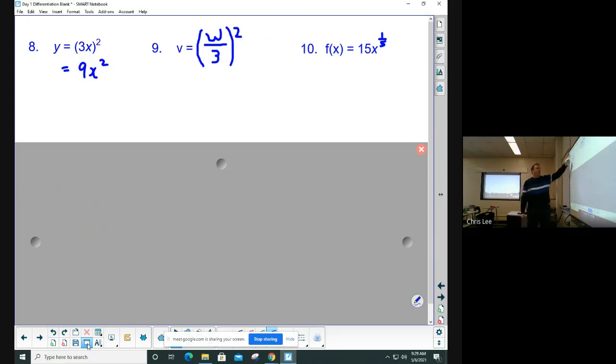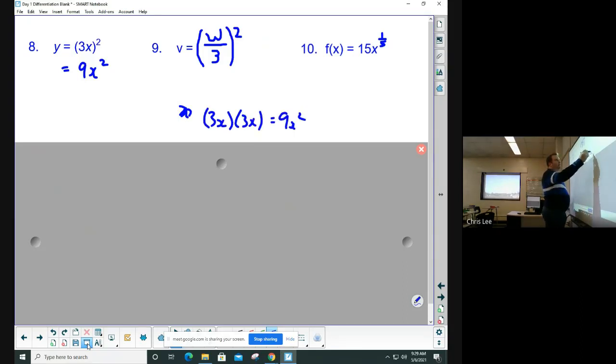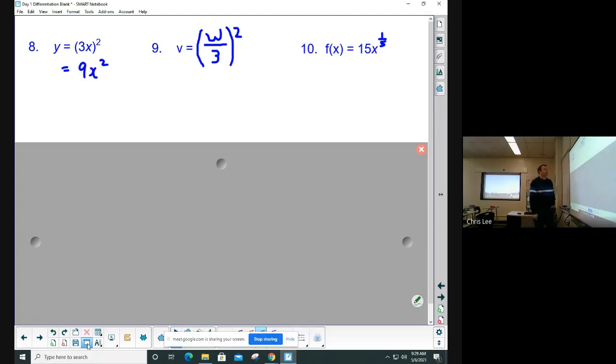Remember, when it's being squared, everything in the brackets has to get squared. Okay, so 3 squared and x squared. Or you can imagine this as 3x times 3x, right? When it's squared, now you can see it's 9x squared. So I haven't done any calculus yet. All I've done is made my original function a little user-friendly.